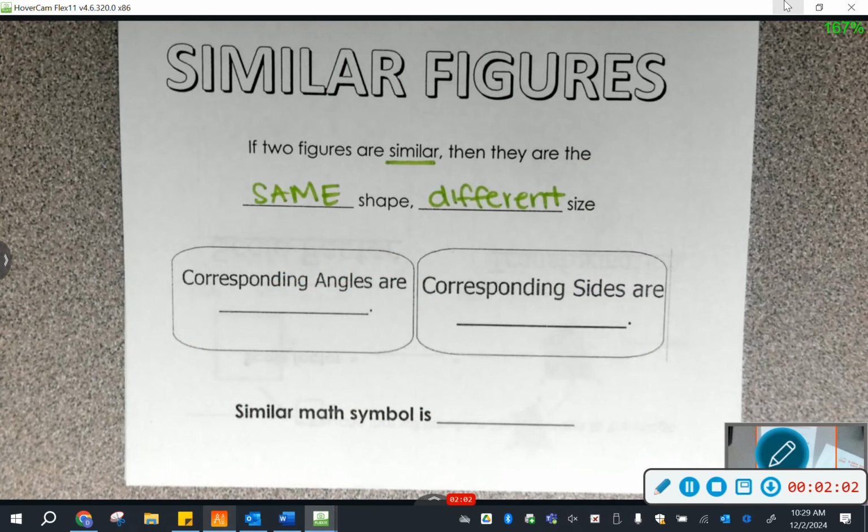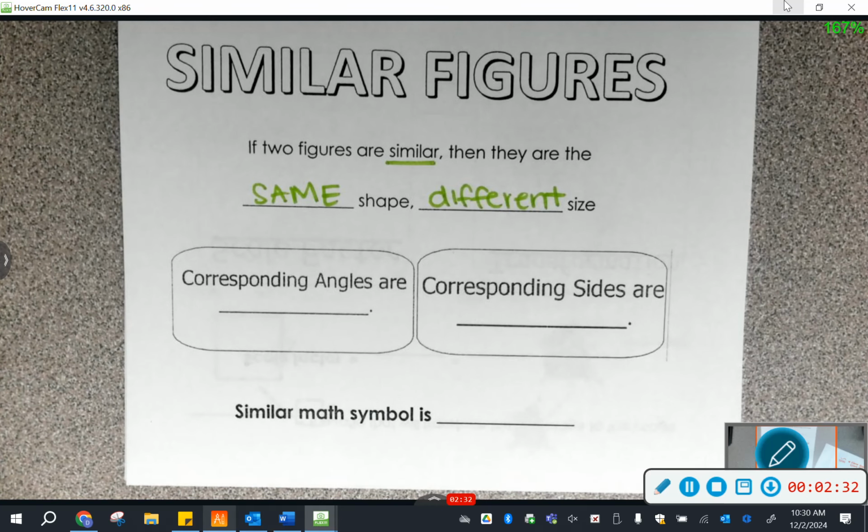What else in the world do you deal with every day that has similar? Legos. Don't you agree they have different size Legos? My daughters are little, so they deal with it. Shoes. Shoes are a perfect example of similar figures because aren't they the exact same shape? They're just different sizes. What about shirts? Right? Aren't your shirts not same size, but same shape? They're just different sizes.